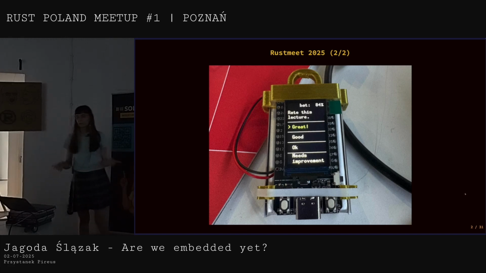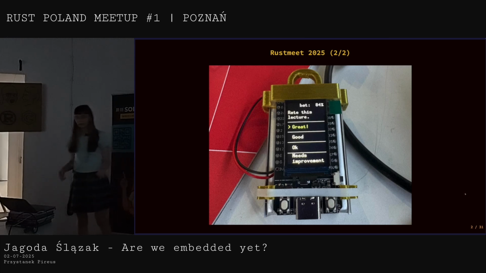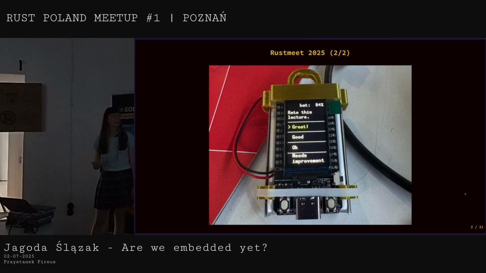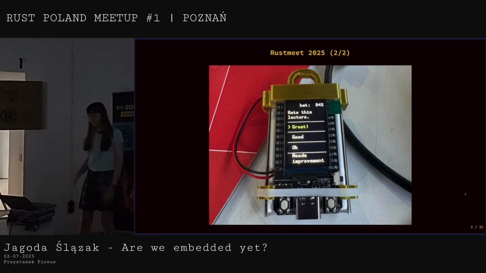So we were able to send messages or questions to it through MQTT. You could, with one button, choose the answer, and with the other confirm it. We were using it to send messages, also to rate the lectures, and in the end we made a quiz using it, and it all worked.